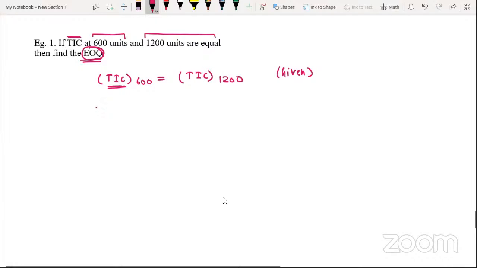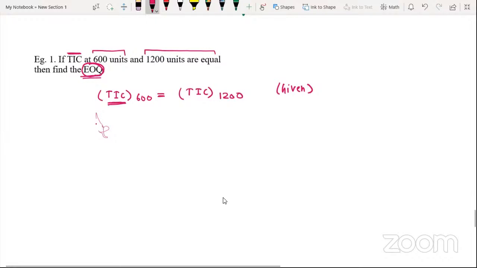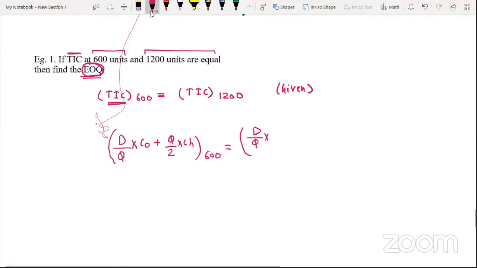So what was the ordering cost? D by Q into C naught plus Q by 2 into CH. At Q equals 600, the same formula, D by Q into C naught plus Q by 2 into CH, equals the same at 1200.